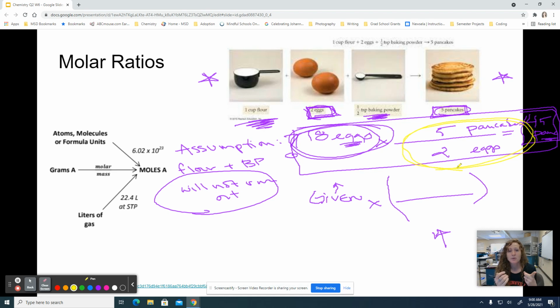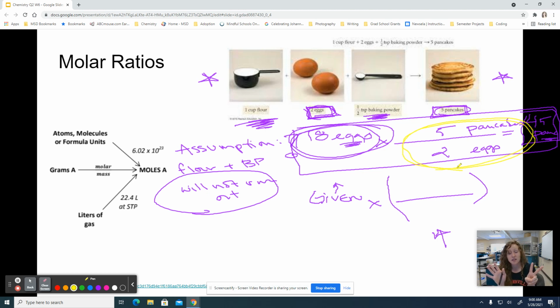Is the top equal to the bottom? So if I have 2 eggs in this hand and I have 5 pancakes in this hand, I don't have the same thing in both hands, right? So they're not equal, but they are equivalent. In this recipe, if I use 2 eggs and whatever else I need, I can make 5 pancakes.